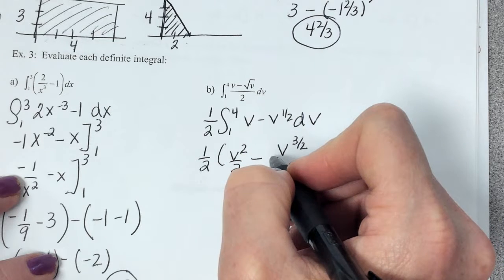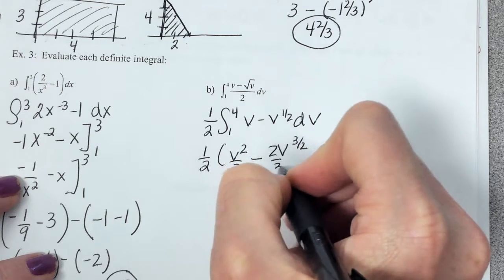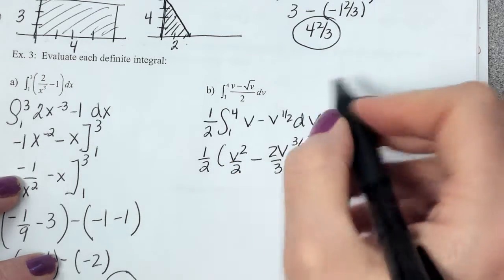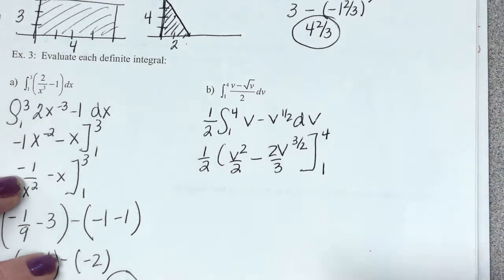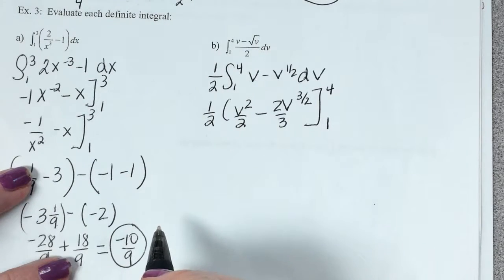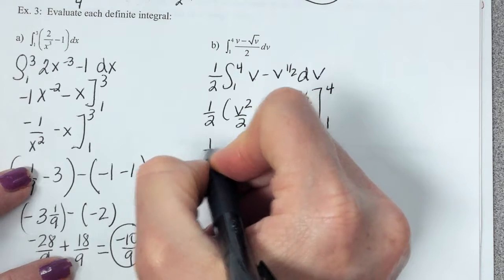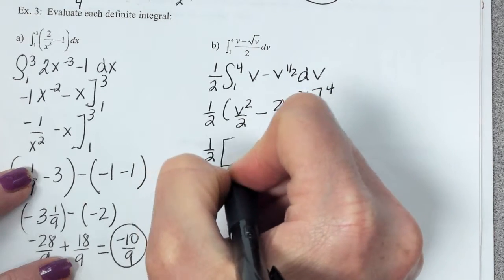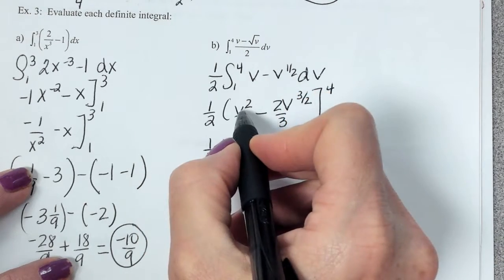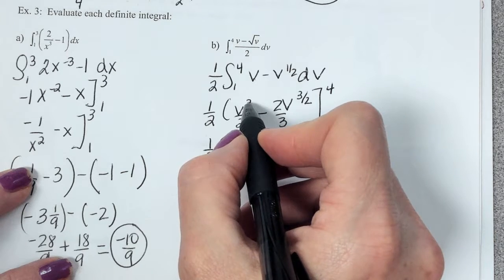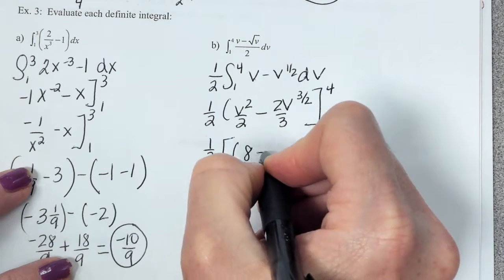And then what would I put in front of it? 2/3, good. And then I'm going to evaluate it from 4 to 1. So I'm going to just carry down my 1/2. I'm going to plug in my 4. 4 squared is 16, divided by 2 is 8.